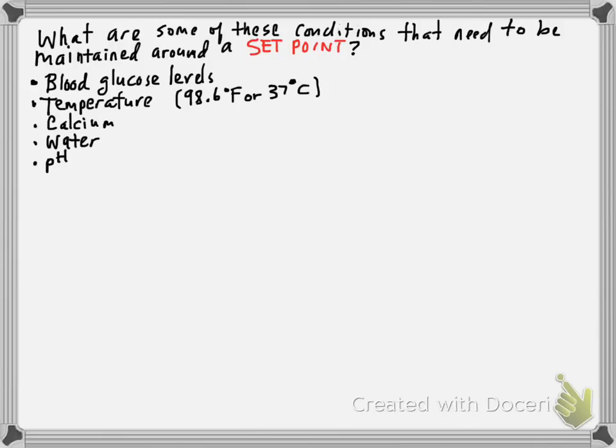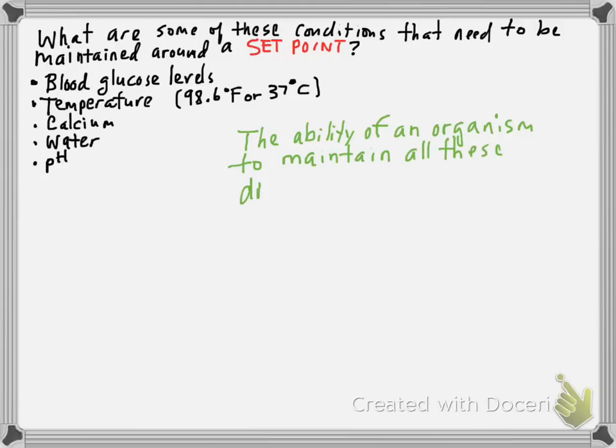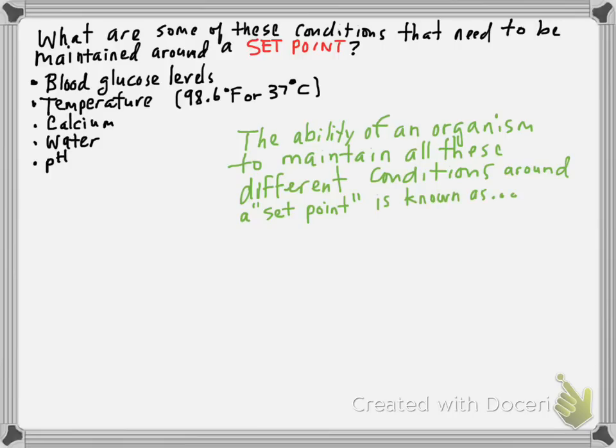So your body has this ability to maintain all of these different conditions around a set point. What do we call that? I'll give you a second to think about it while you read this again. You've got all these different things that you need to regulate, to maintain a set point for. What do we call that?